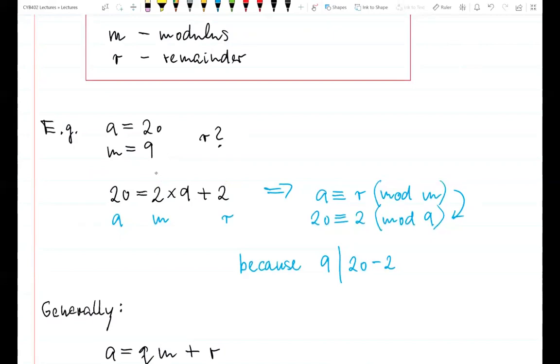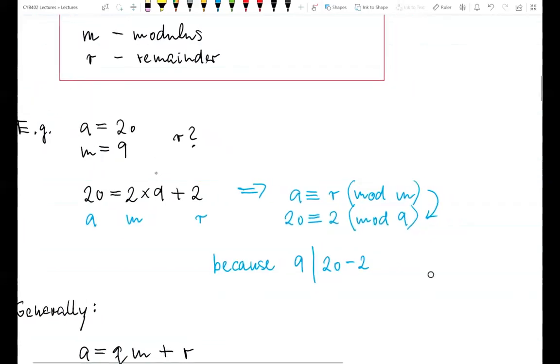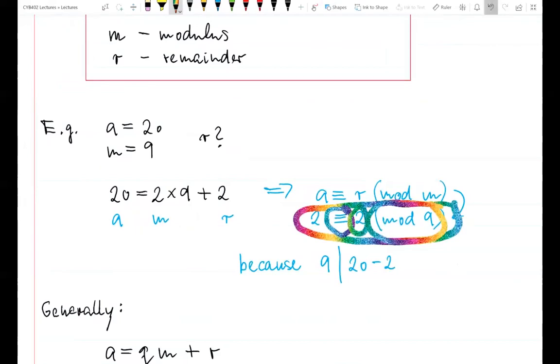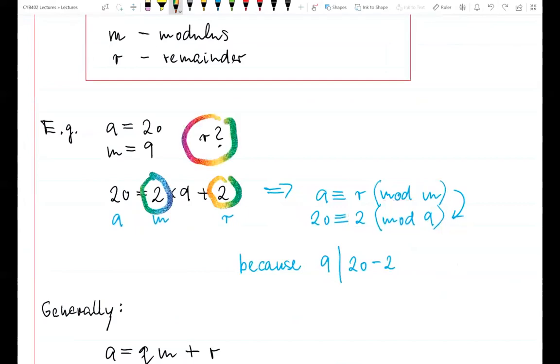So in other words, we can write 20 is congruent to 2 modulo 9.